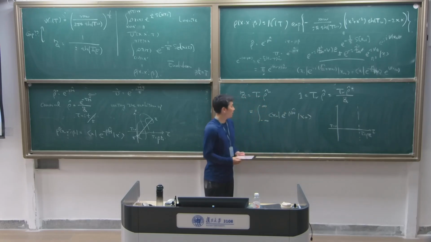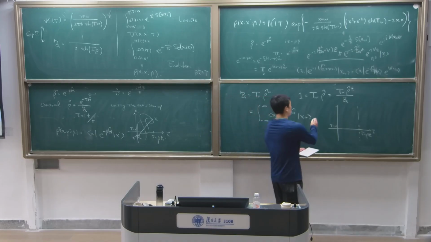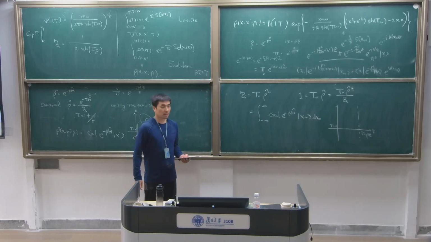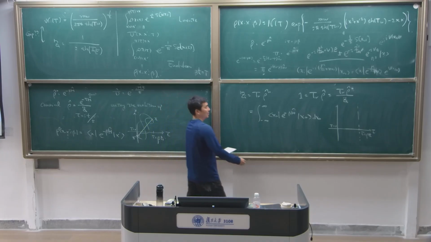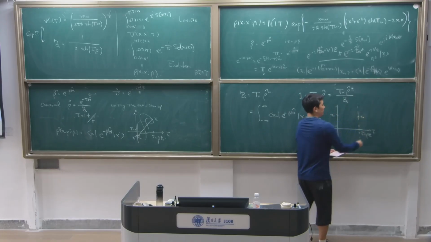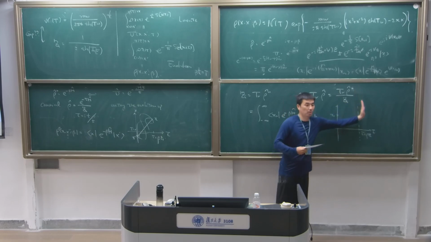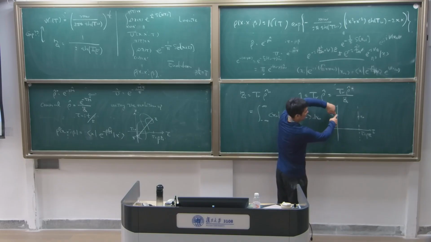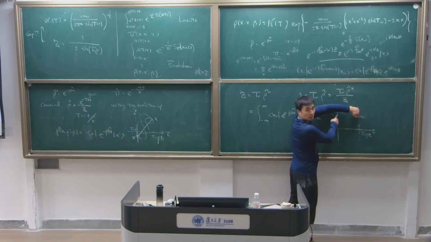And then trace means that you just integrate over all possible positions dx. Is that okay? Trace means that this x naught here has to be equal to this x naught here, and you integrate over all possible positions. So you just identify this position and this position, and then you integrate over.